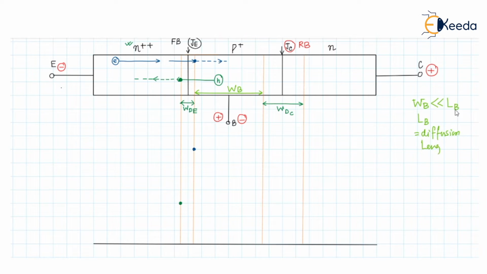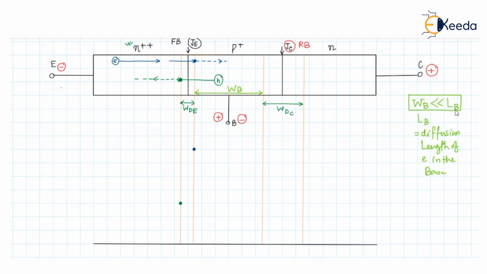The width of the base region should be very small with respect to the diffusion length for the electrons.